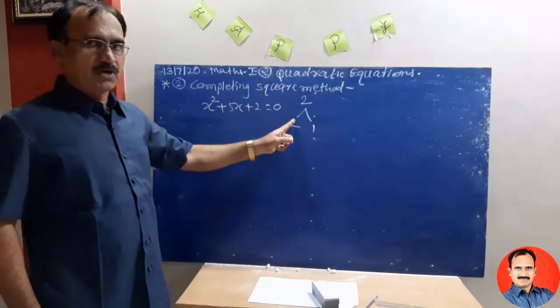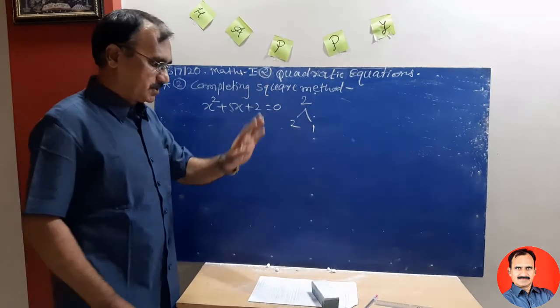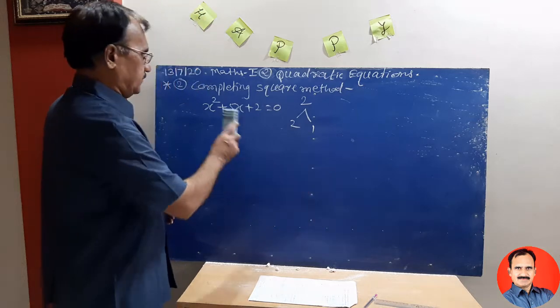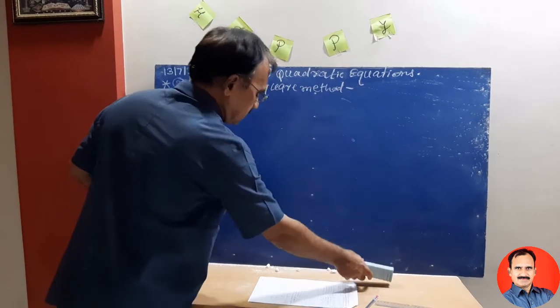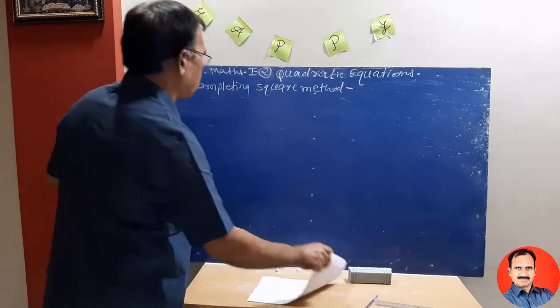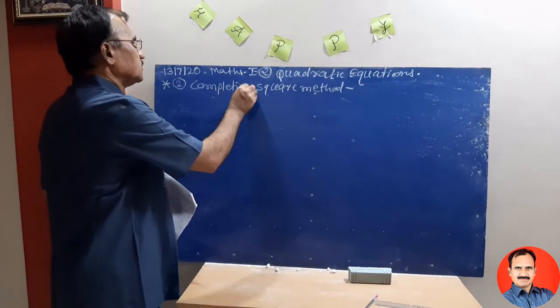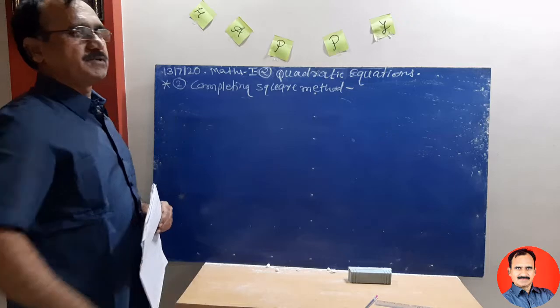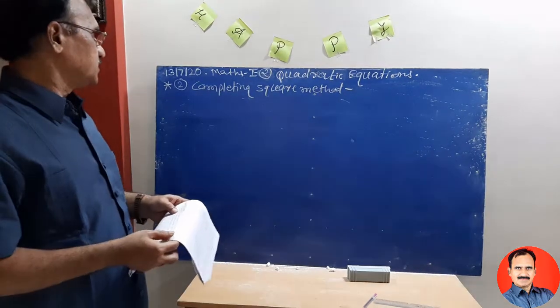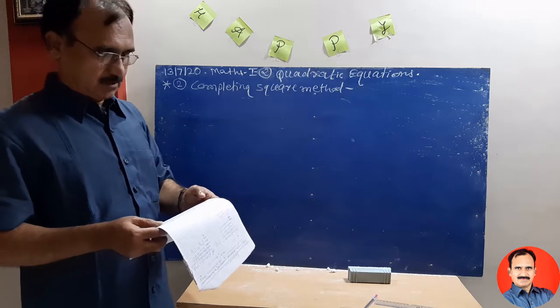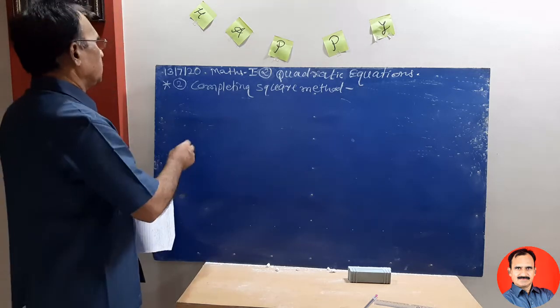Such a type of quadratic equation we can solve by the completing square method or by the formula method. We can use either method for finding the solution of a quadratic equation. Now we see the completing square method.